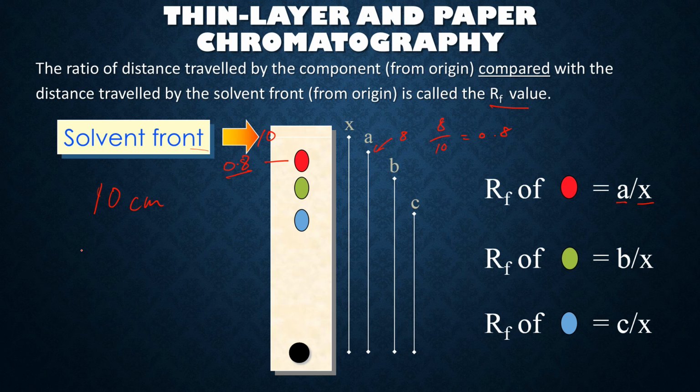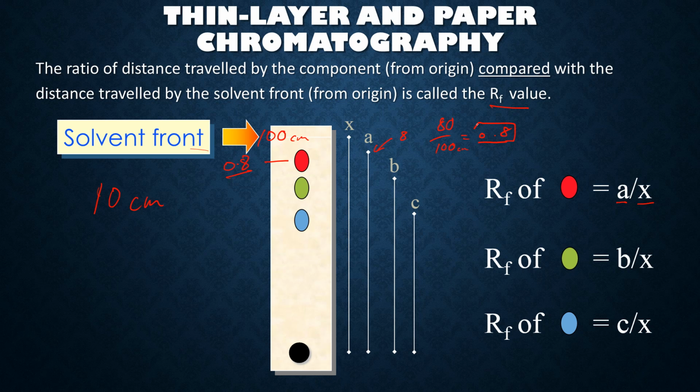If I was to then do that experiment a week later under the same conditions, except that I run the chromatogram to be 100 centimeters, then my solvent front would be 100 centimeters and my red component would have travelled 80 centimeters, because assuming all the conditions are the same except that I ran the chromatogram 10 times as far, the RF factor should be the same, 0.8.